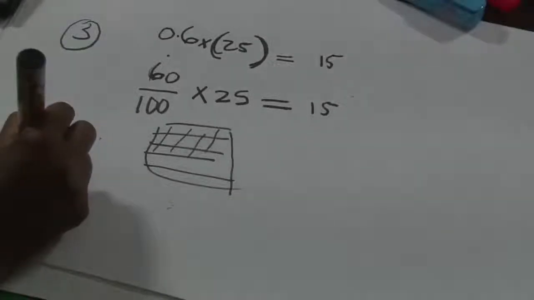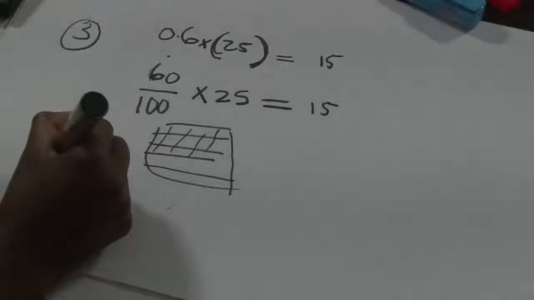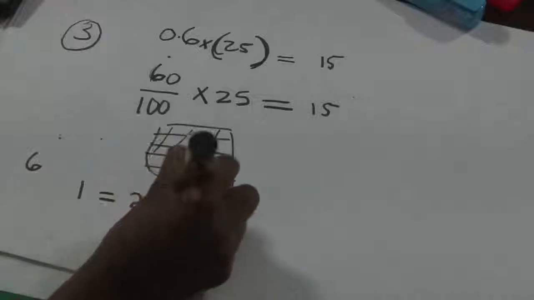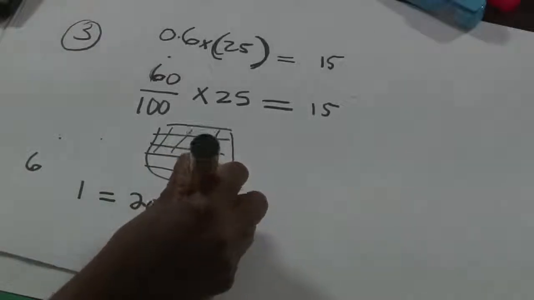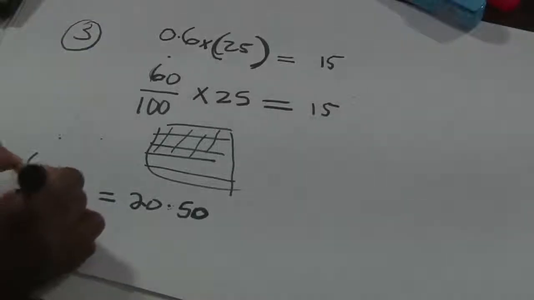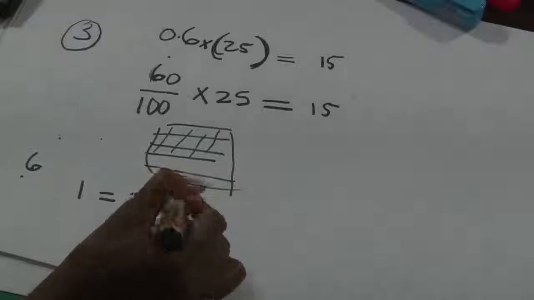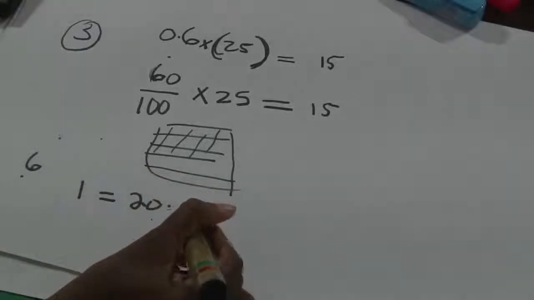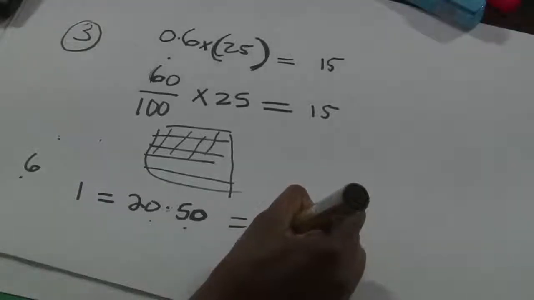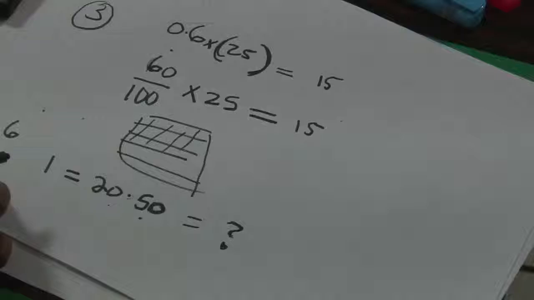In this case, they are saying there are 6 pangas, and each panga costs $20.50. So if you want 6, and one is $20.50, how much money altogether do you need to accommodate 6 pangas?